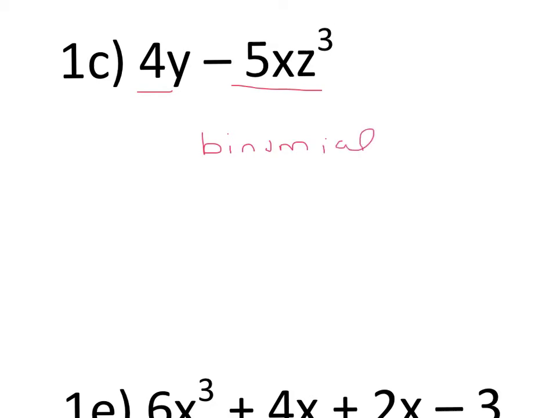And when we're looking at degrees, we're looking at them individually. So I have one guy here, another guy here, and what I'm going to do is just pick the biggest. So I have a degree of 1. And for this guy, I have 1 and 3, so my degree here is 4. So I have a 4 here and a 1 here. Now all you're doing is picking the bigger number. So my degree for this binomial will be 4.